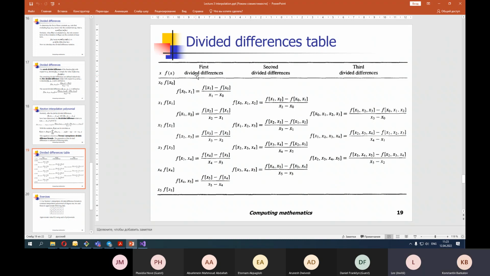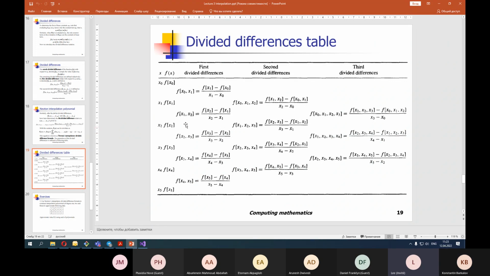The first divided difference, how to compute it? We can take these two values, subtract them, and divide over x1 minus x0. Okay? How to find this one? We can take these two values, subtract them, and divide over x2 minus x1.